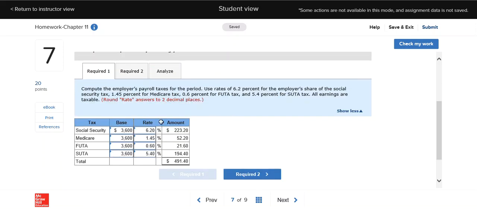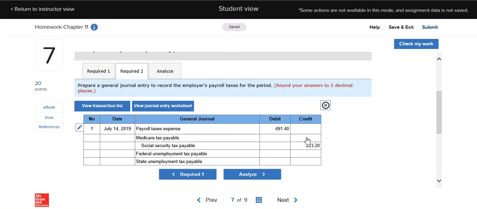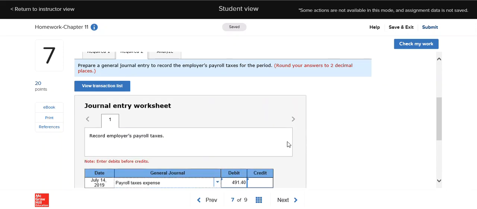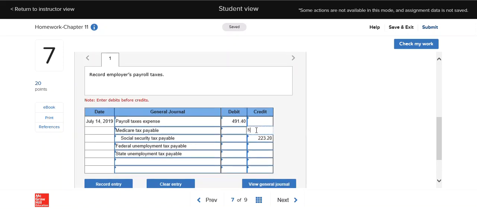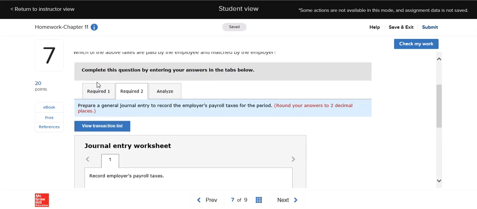So you can do that every time. $52.20. I think that one was $21.60 for federal unemployment.